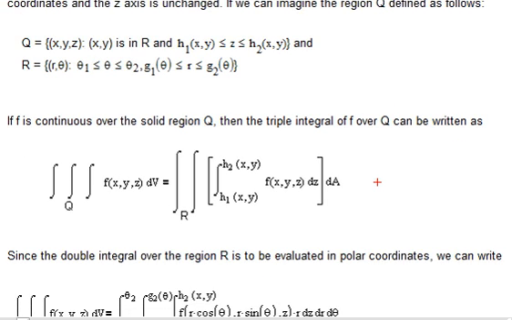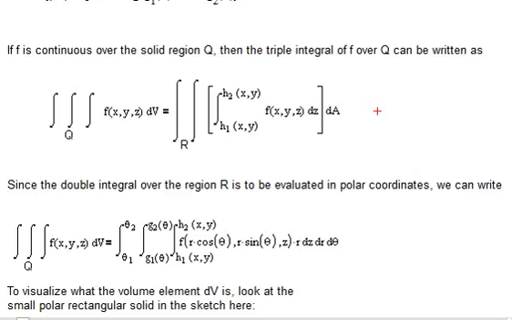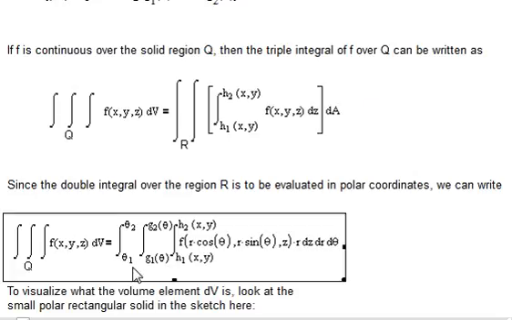And then what we can do is change the area element in the way we expect by making our triple integral of f of x, y, z dv, our volume unit, as the integral where theta goes from theta 1 to theta 2, r goes from g1 of theta to g2 of theta, and z goes from h1 of xy to h2 of xy, but our function isn't a function of x, y, and z, it's a function of r cosine theta, r sine theta, and z.